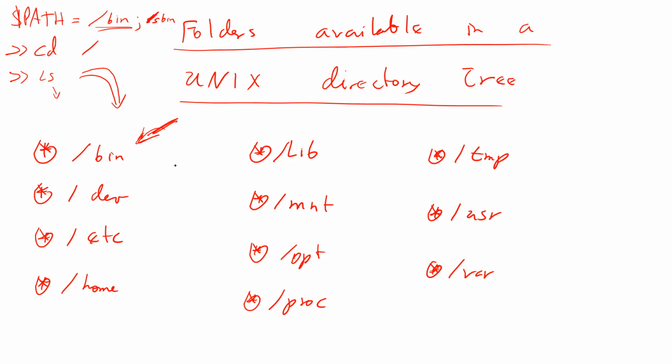We're not going to cover all of these, but let's say etc. The etc folder has configuration files. You've already done this in your DNS lab, for instance, where you had to configure the DNS server. That's where you update your files, in configuration.